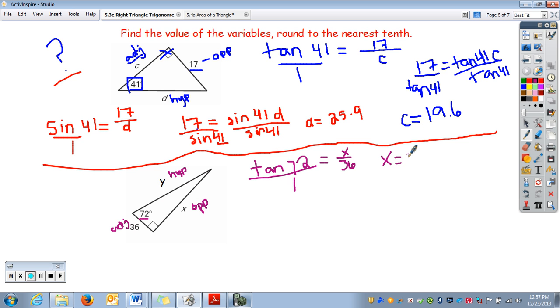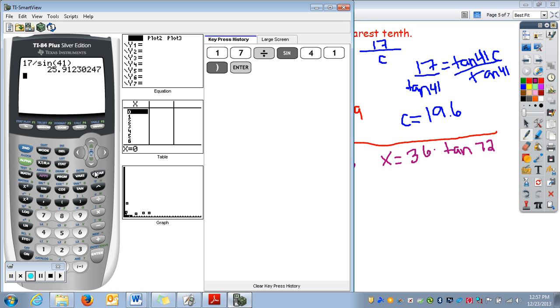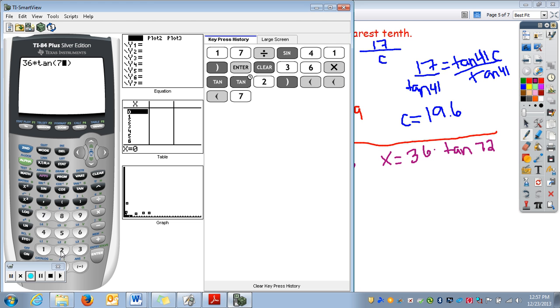And this is 36 times tan of 72. Type that in my calculator. I go 36 times tan of 72. Again, keep in mind some calculators you have to type in the angle measurement first. And I get 110.8.